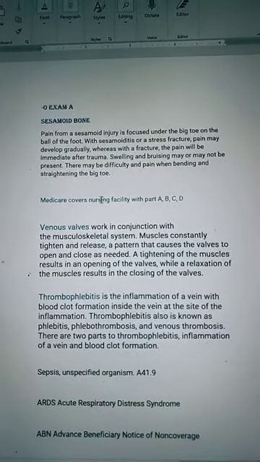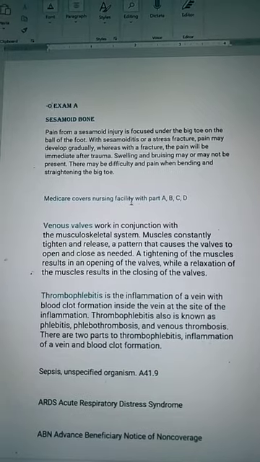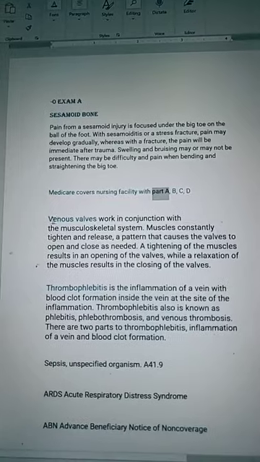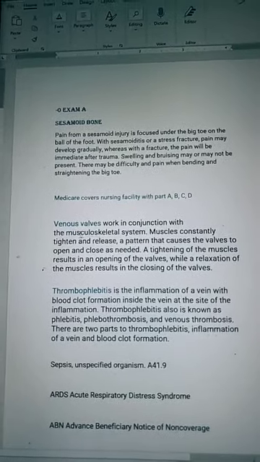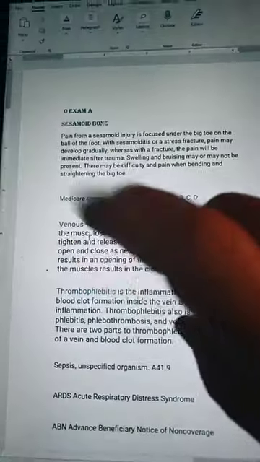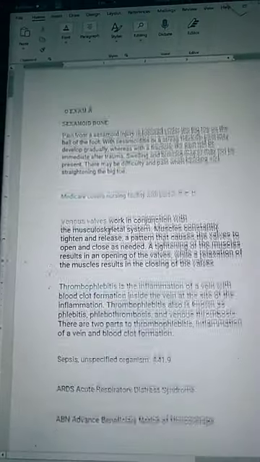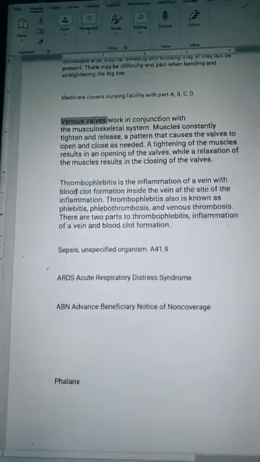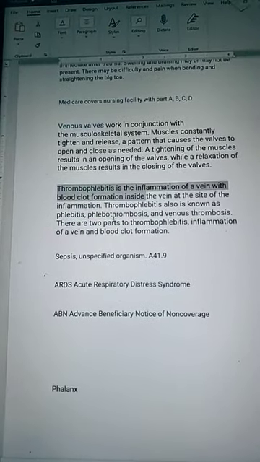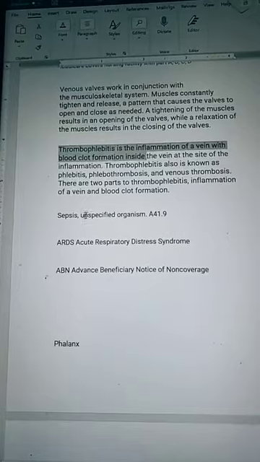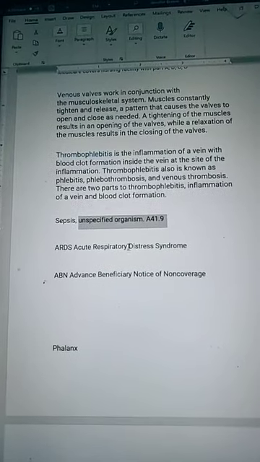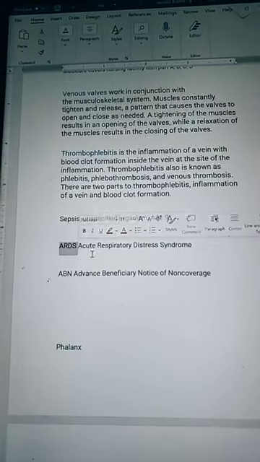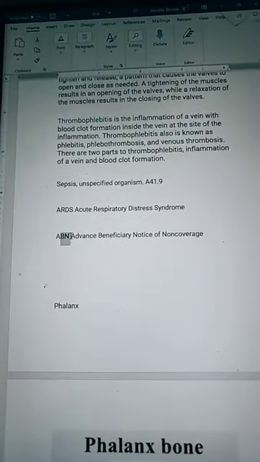Also, Medicare covers nursing facilities in what part? Need to know that information. What is a venous valves? And that's actually with the musculoskeletal. It helps your joints move. So you can see that they're trying to make you think that it's cardiology, right? This word was on exam A. Need to know your sepsis guidelines. What does ARDS stand for? What is an ABN?